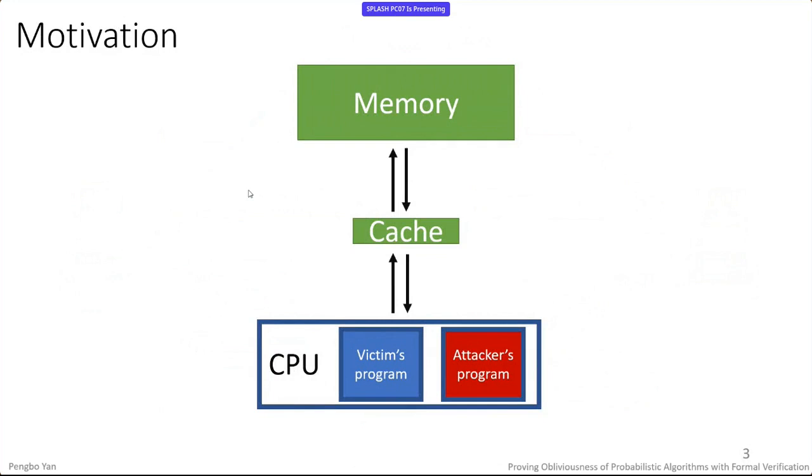And then I will explain this kind of attack. Suppose there is a cloud server running many people's programs on a physical CPU in turn, for example, including the victim's program and the attacker's program.